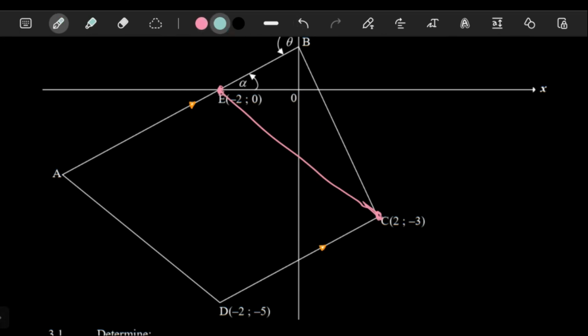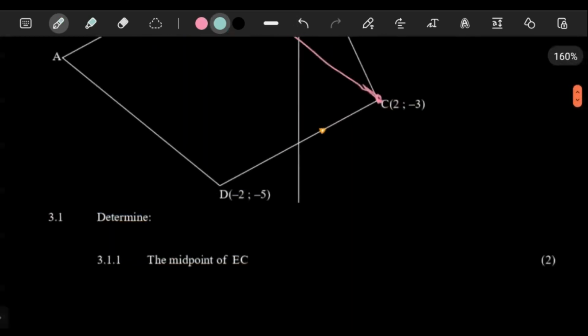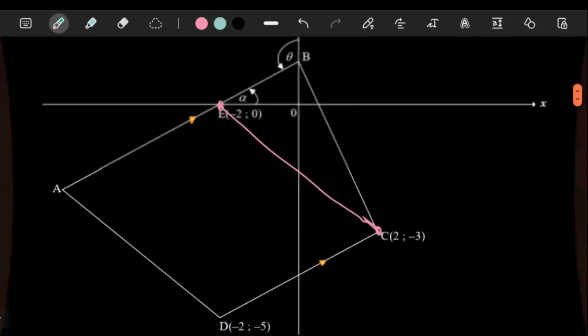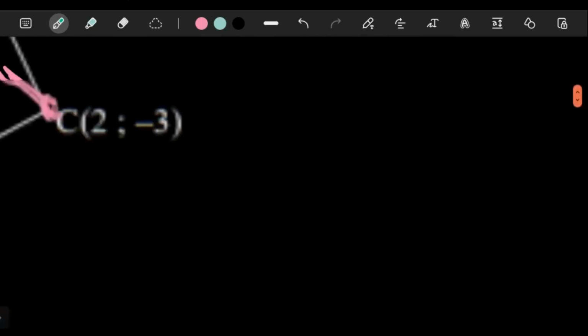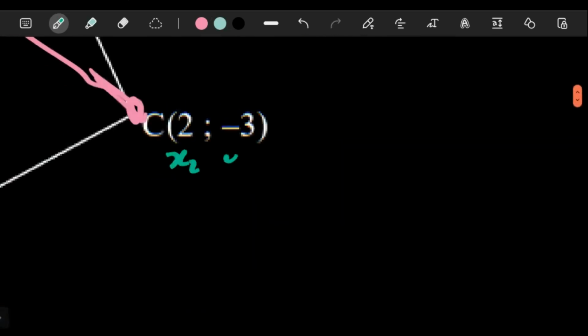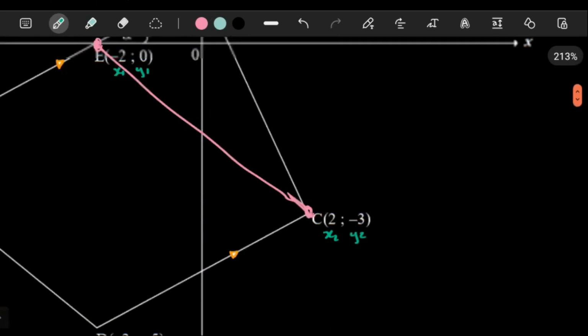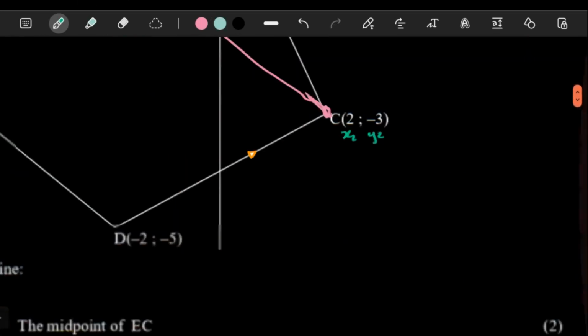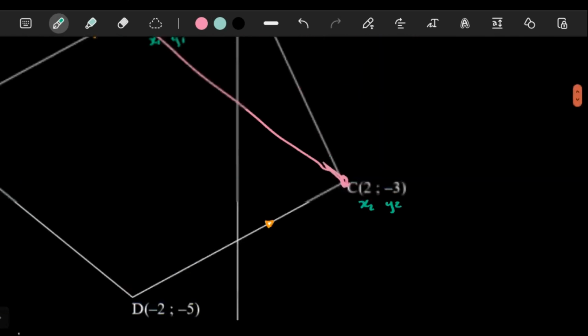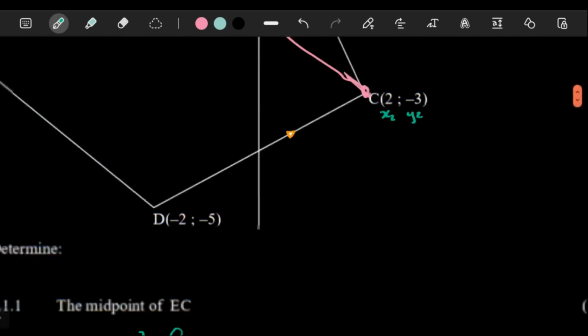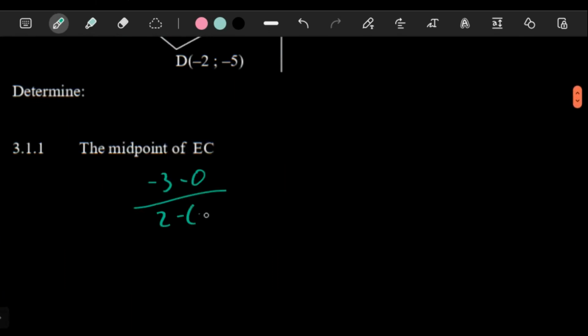The middle may just be on the y-axis, we don't know, but to get the middle you're just going to use the midpoint formula. As straightforward as that. So here you're going to have x1, y1, x2, y2. And then here you're going to have -3, 0. Then you're going to have 2 minus -2.